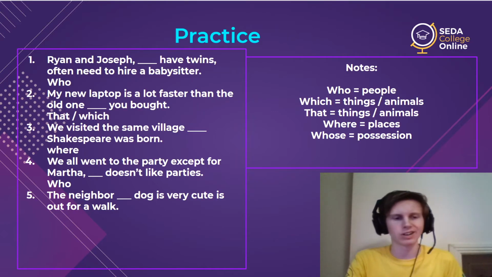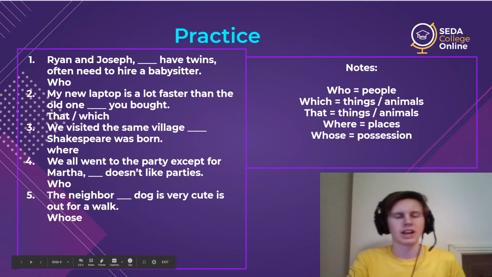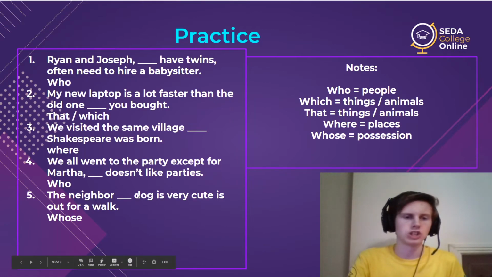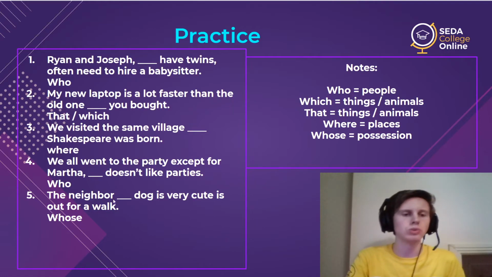All right, the correct answer is whose. The neighbor whose dog is very cute is out for a walk. So, whose is because it's the idea that the neighbor owns the dog, and I want to talk about that relationship, that this dog belongs to the neighbor. So I use whose to show that relationship.